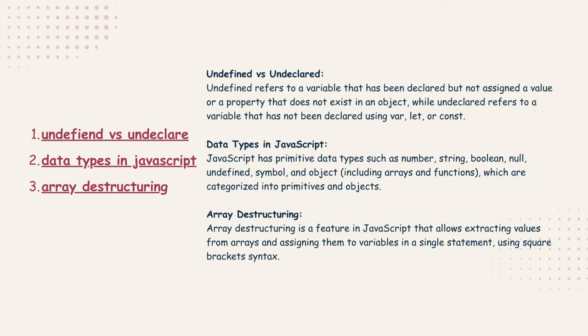For example, let A, without assigning any value, I can access it. This is called undefined. And undeclared means without declaration, like let A is also not there, but I am accessing that variable. That is called undeclared.